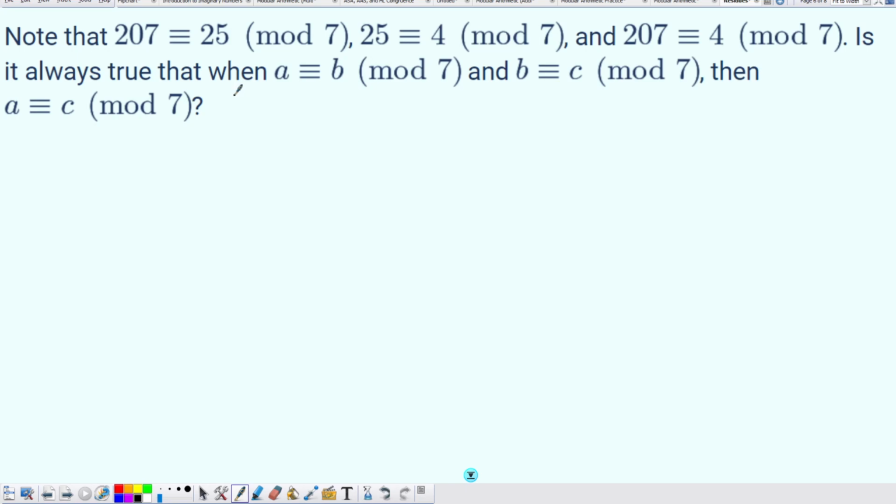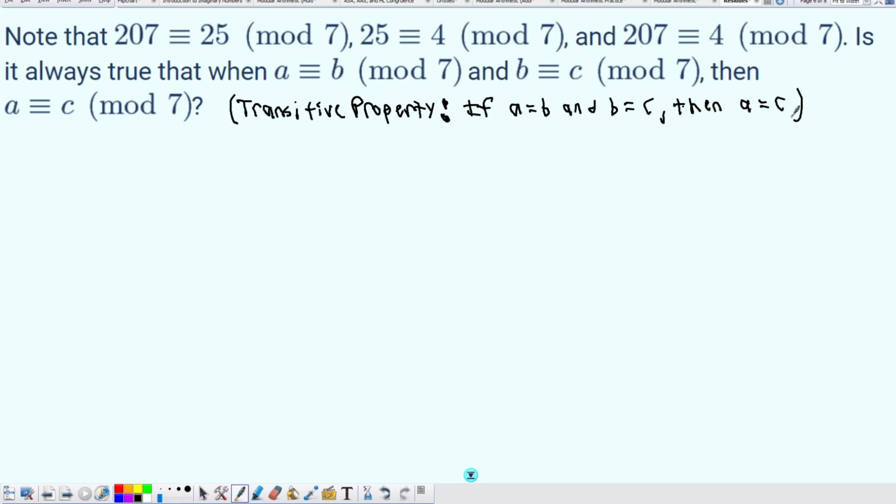And if you can recall from geometry class, maybe, or perhaps even algebra or pre-algebra, the transitive property in basic arithmetic states that if A is equal to B and B is equal to C, then A is equal to C. That's the transitive property in normal arithmetic.